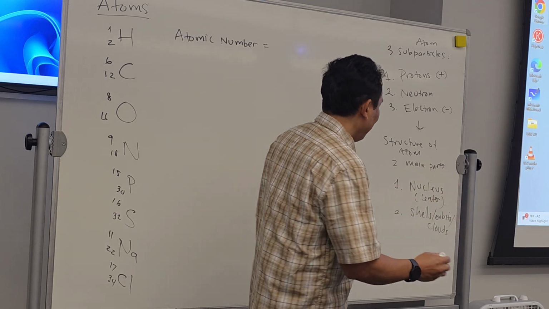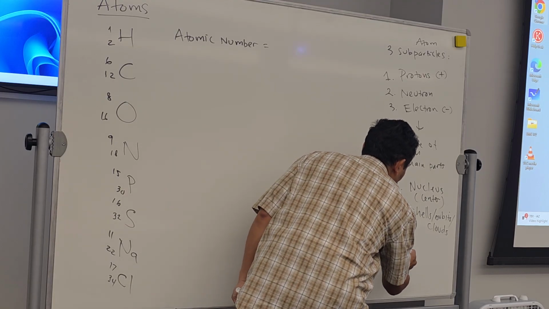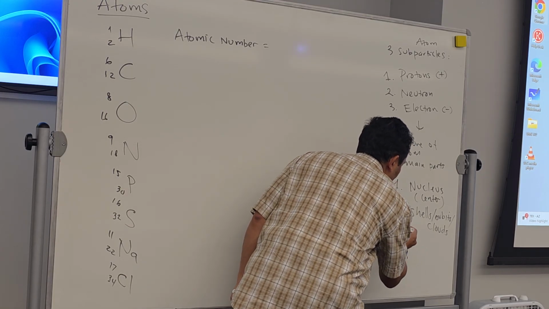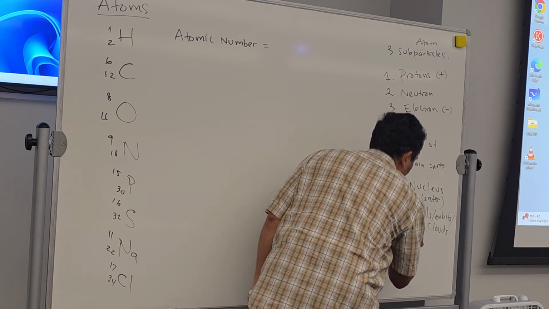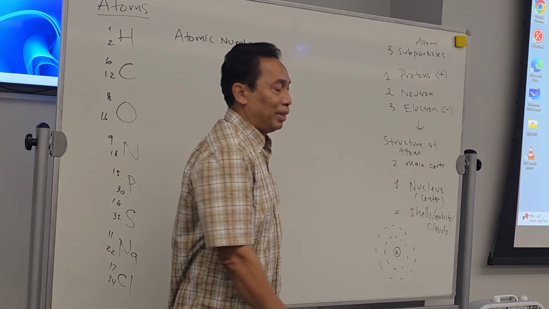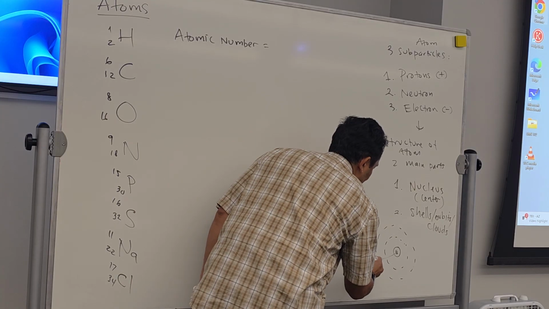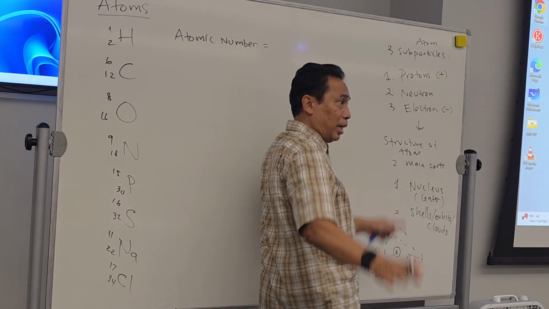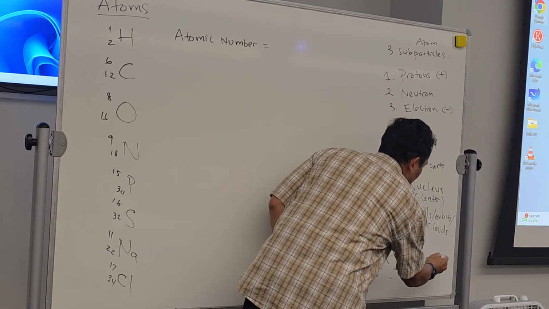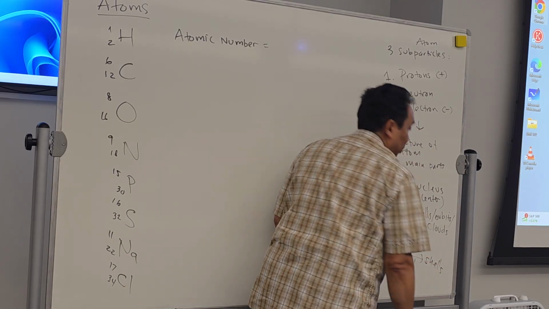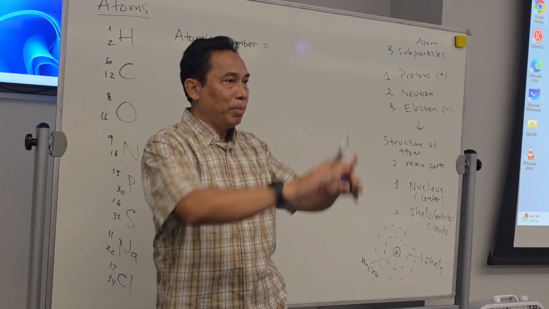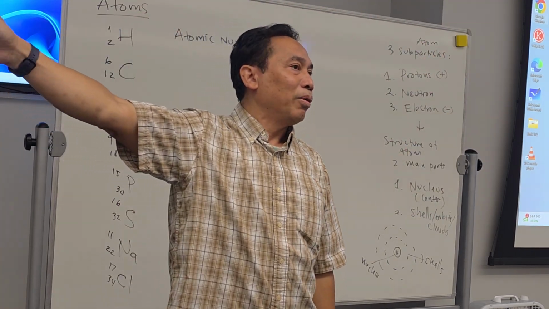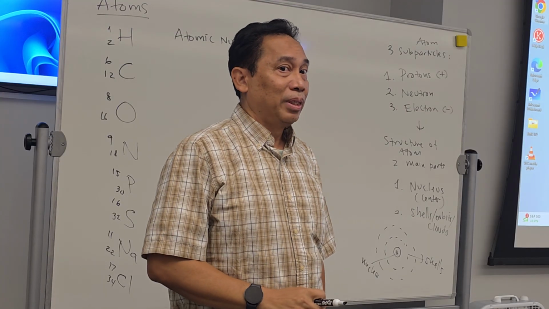Okay. Now it means that it has a nucleus over here, right? And then it has the shell. Okay, so nucleus, and all outside it is an orbit, which is the shell. Maybe only one orbit, maybe two, maybe three, maybe four. It depends on the atomic number. Okay, you get this one?